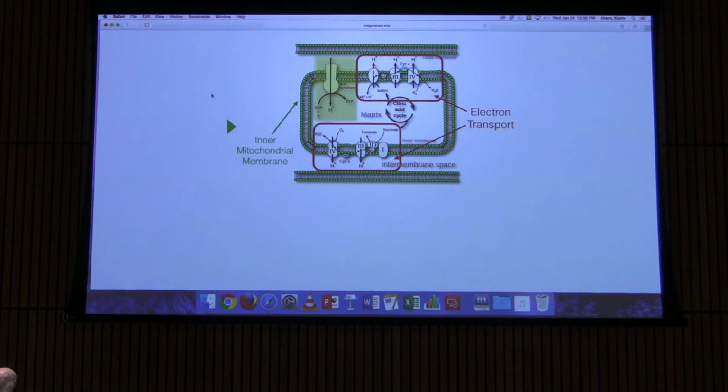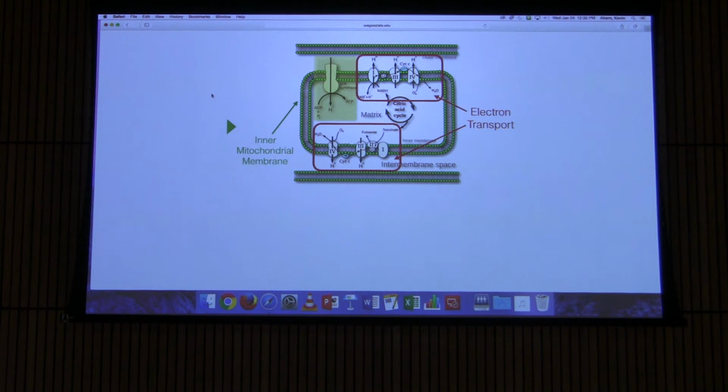Complex 3, which is the next site after coenzyme Q, can only accept electrons one at a time. Well, something has to manage the electrons coming in pairs and going out as one, and the thing that does the managing is coenzyme Q. You can also call it CoQ, C-O capital Q. Okay? So CoQ donates one electron at a time to complex 3.